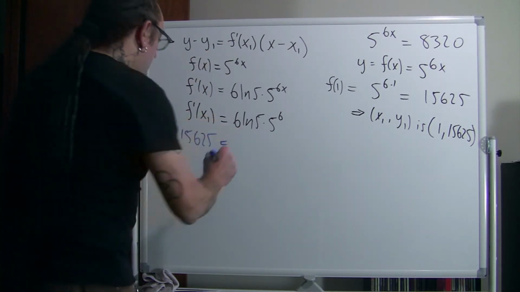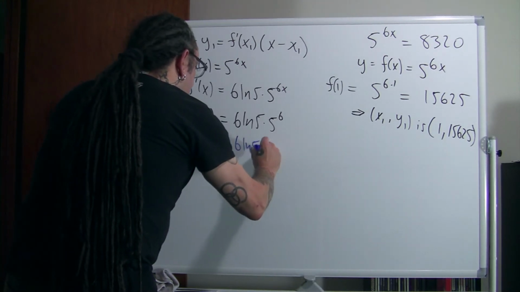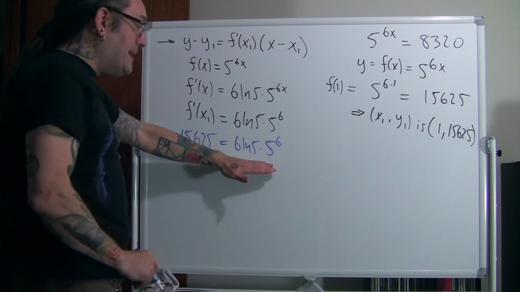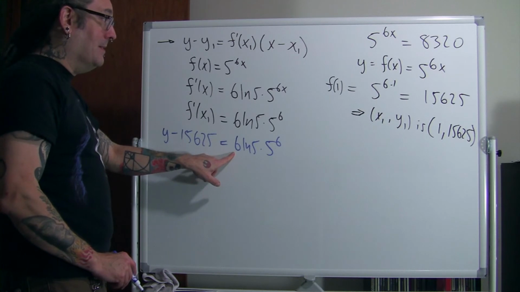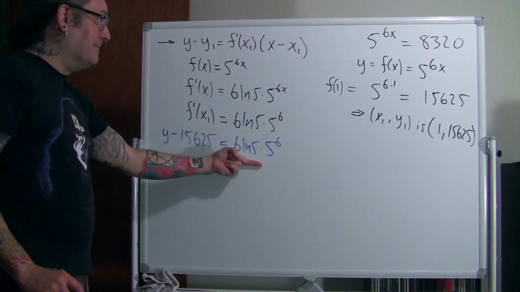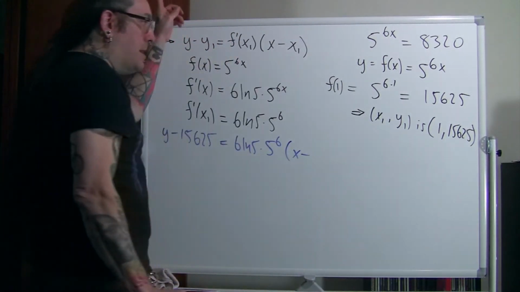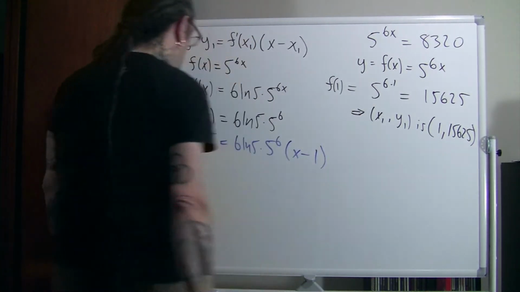I calculated this value: 6 ln 5 times 5 to the 6th power. That entire thing is the slope. It's pretty darn big, right? 5 to the 6th times 6. 5 to the 6th is this. That's the value of the slope. Gigantic. Okay. Times x minus x1. What did I give myself as x1? It's just 1. Cool.